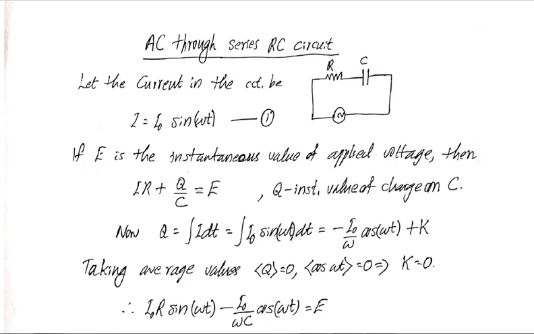From this expression, I into R becomes I0 sin omega t into R, plus Q by C, where Q is minus I0 by omega cos omega t.